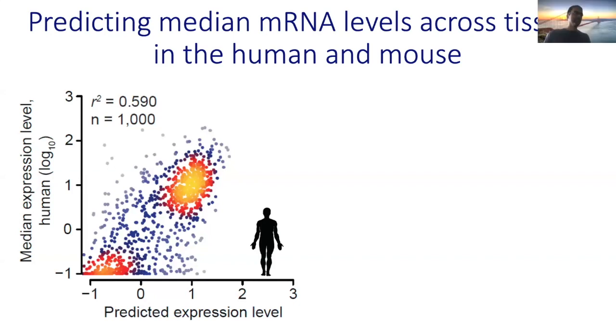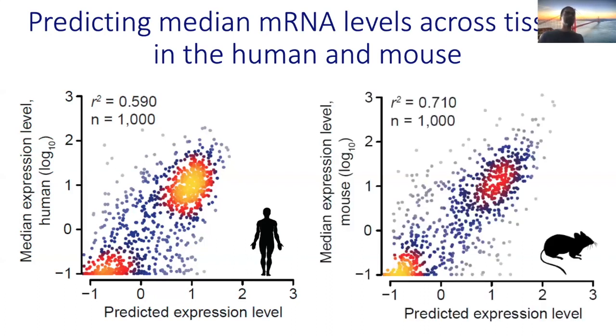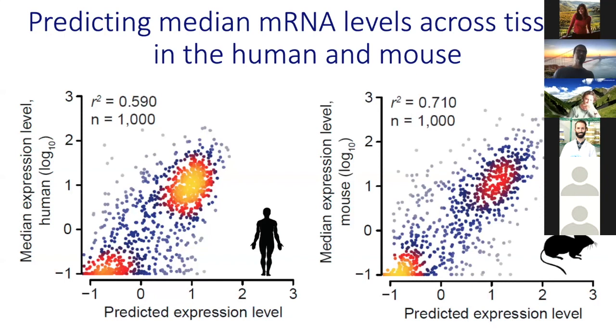What I found over many rounds of iteration and optimization is that I could finally achieve an R² of around 0.59 or so, almost 0.6 in the human. I also performed this in the mouse, and I detected an even higher R² of around 0.71 or so.